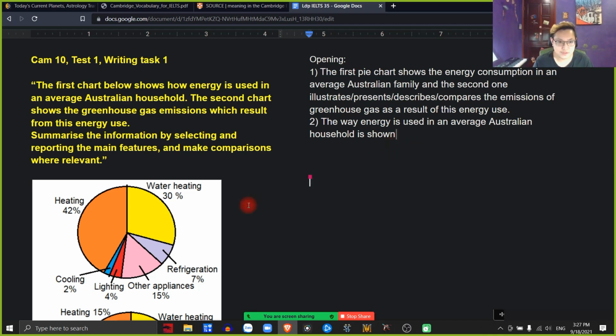And we have two pie charts, so you must specify where it is shown. Tại vì mình có hai cái pie chart lận, cho nên là mình phải nêu ra rõ ràng là nó được show ở đâu. On the first pie chart.